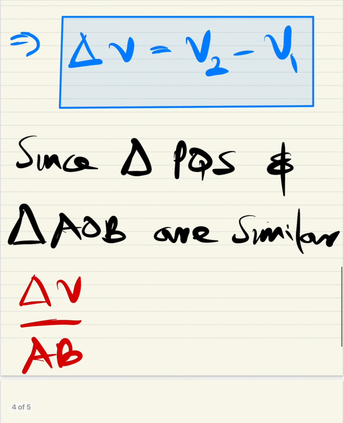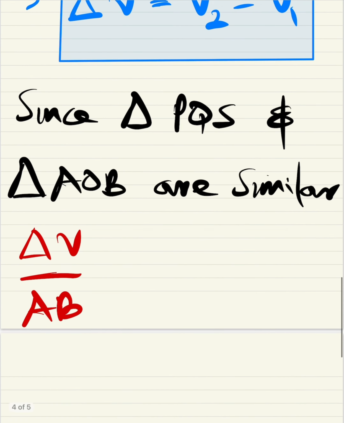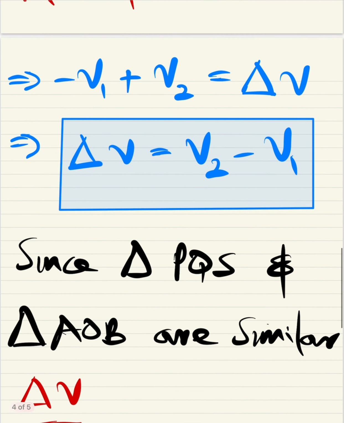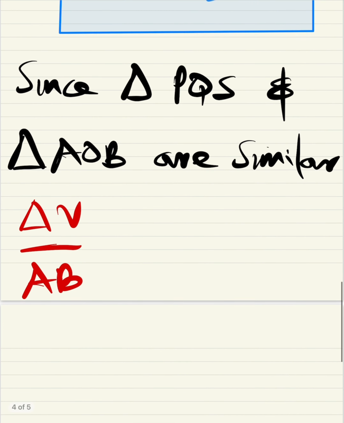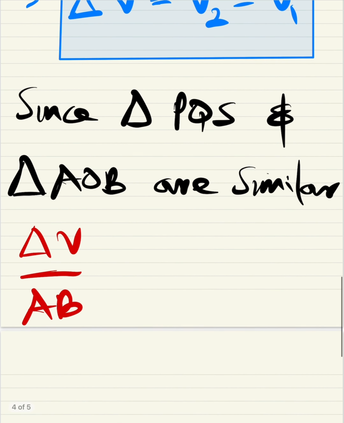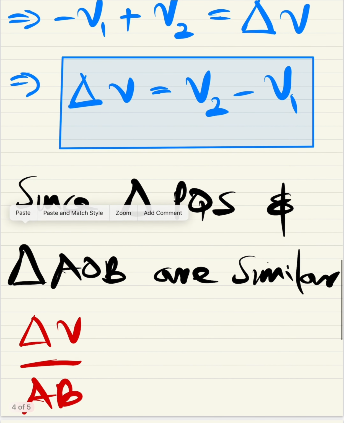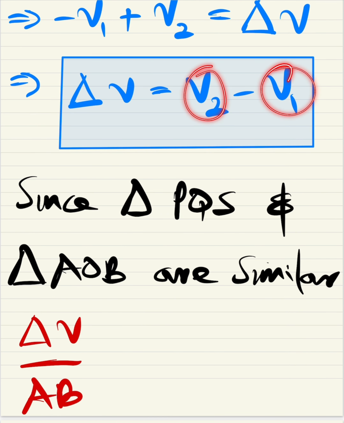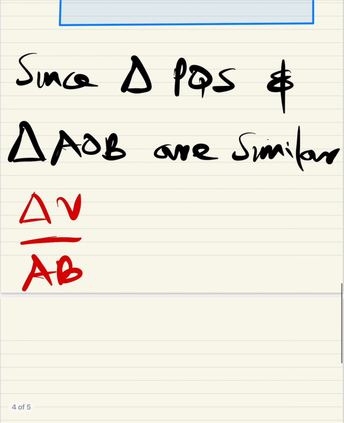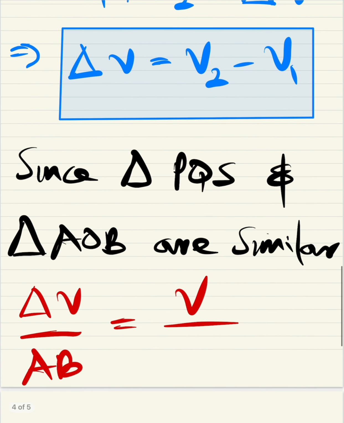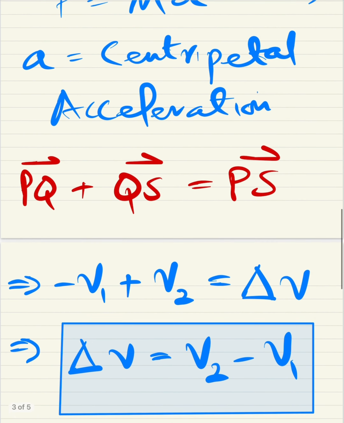So if you compare it now, what are we going to have from there? The change in V can just be simply taken as V. That change in V is supposed to give us V2, or you say V1. Let's take that one as V, just as velocity, divided by, right? What is the AB going to give us there?